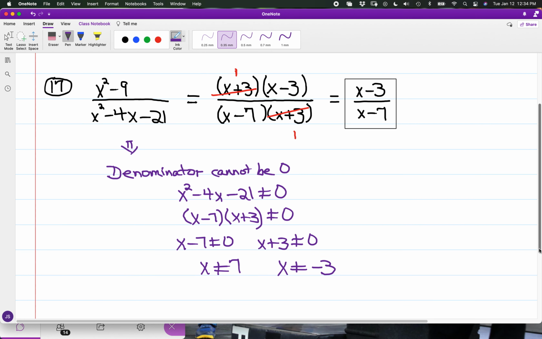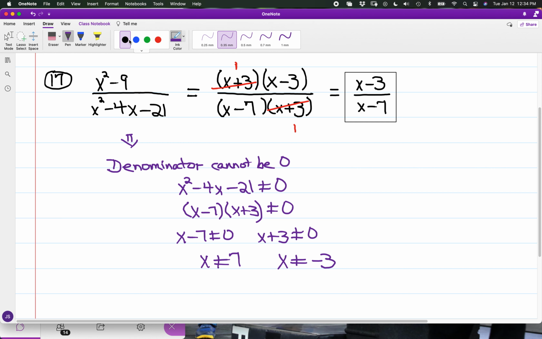So 7 and negative 3 are disallowed, and those exclusions will be the restricted values. Again, we have 7 as well as negative 3.